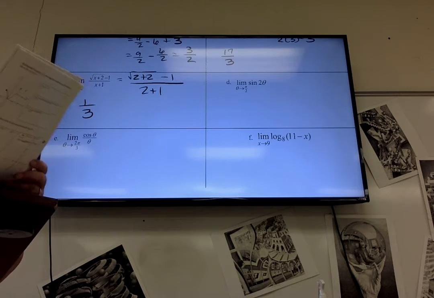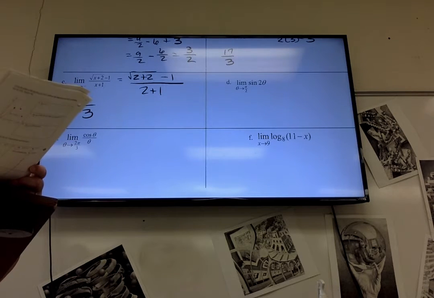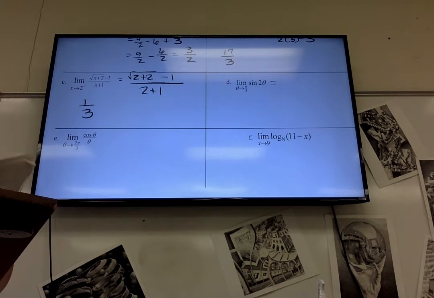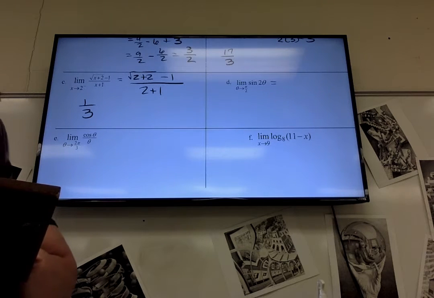And then we have the trig. Which is why I said we have to do trig. I'm sorry, y'all. In pre-cal we have to do trig because it shows up all the time in calculus.